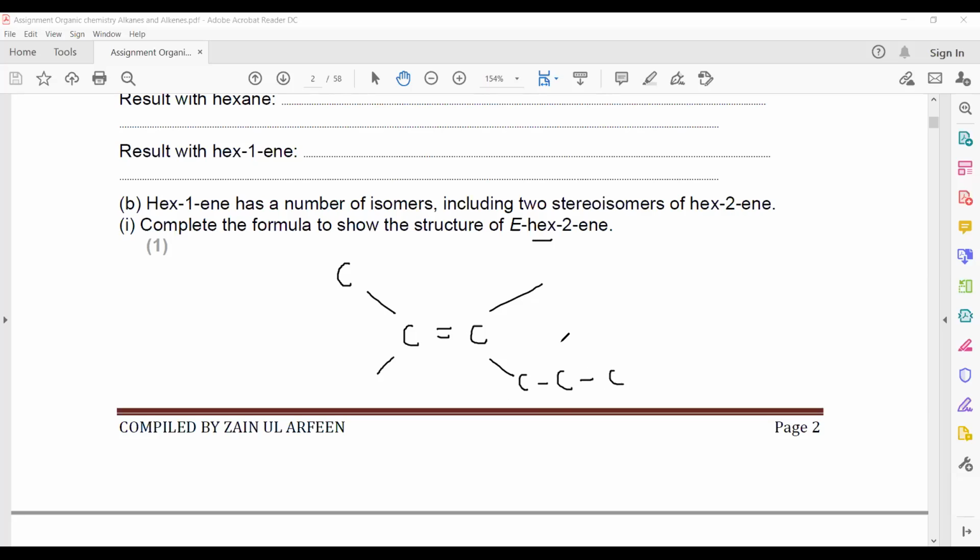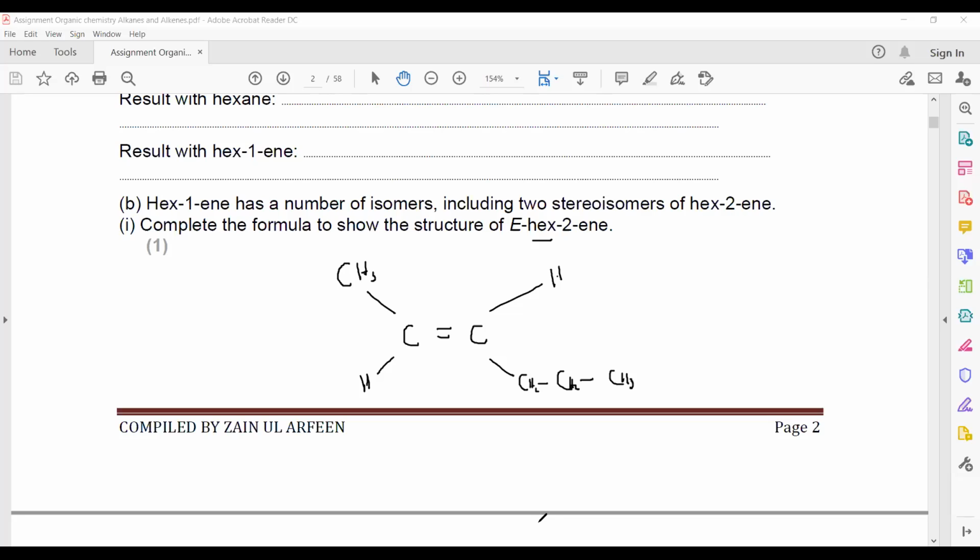And I can write them all together as well. If you find this difficult, you can write CH3, CH2, CH2, CH3. So instead of writing CH2, CH2, and CH3, I can write C3H7. Or you can write in this manner. So this has become E-hex-2-ene. Is it clear?